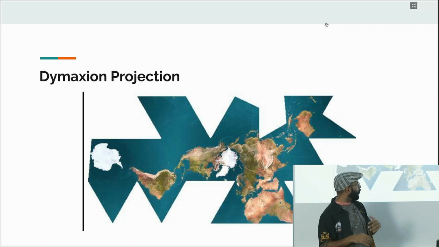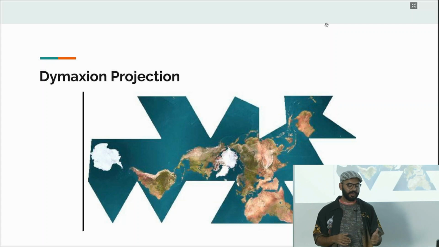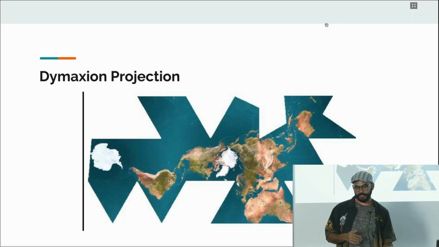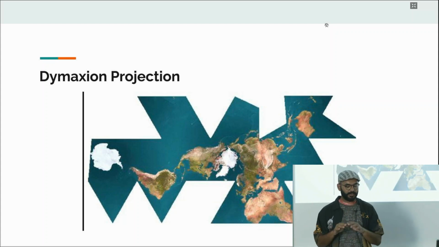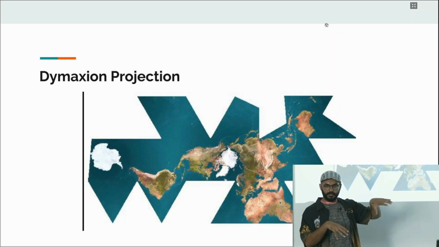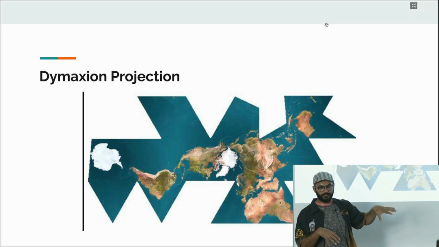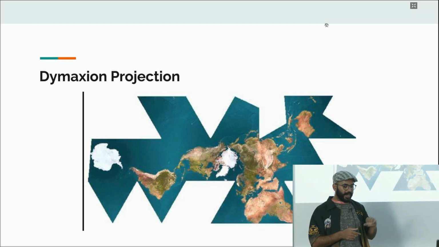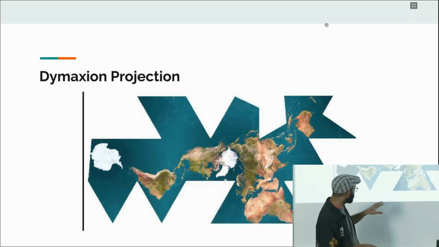So what Uber H3 uses is something called a Dymaxion projection to create the 2D surface before it actually indexes the area of the Earth, right? Why this particular choice? Because if you look at all the points in your shape, all of them are in the ocean. They're not on the Earth.